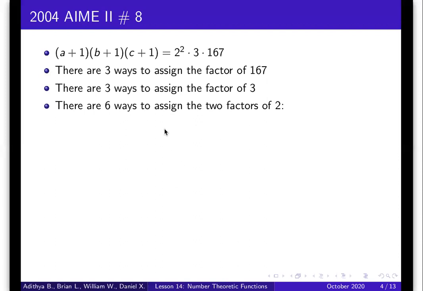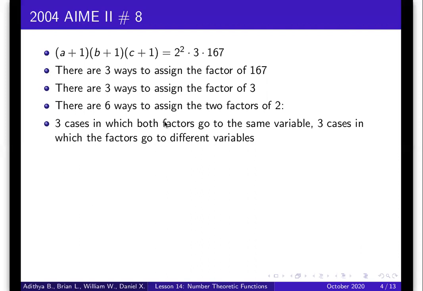Well, you can consider a couple of cases here. If both of these factors of 2 go to the same variable, there are 3 ways to pick which variable they go to. And if the 2 factors go to different variables, there's 3 ways as well in that case. So adding them up, you get 6 ways to assign the factors of 2.